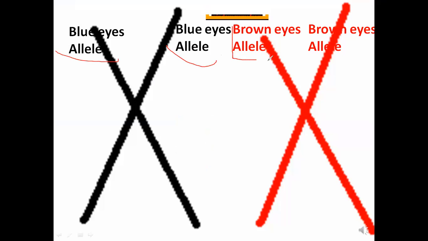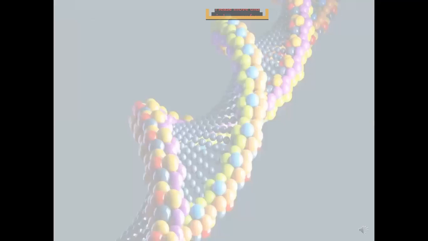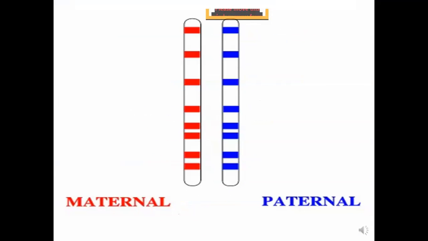Another pair of sister chromosomes carries a blue eye allele and a brown eye allele. So they are not identical, since they carry the same gene but different alleles. The chromosome that comes from the mother is called the maternal chromosome, and the chromosome that comes from the father is called the paternal chromosome.